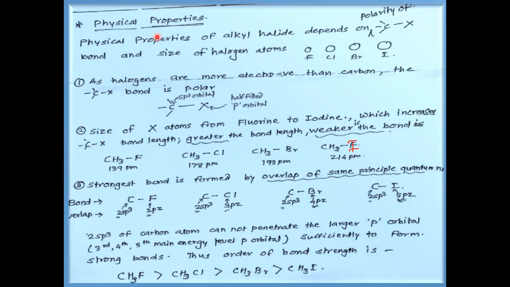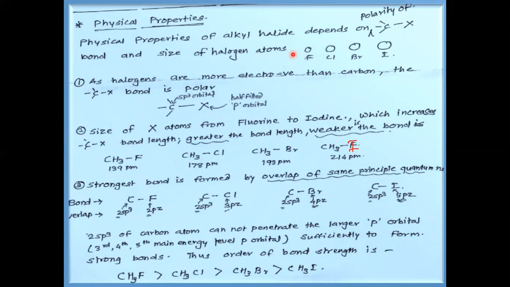Physical properties. Physical properties of alkyl halides depend on the polarity of the C-X bond and the size of the halogen atom.